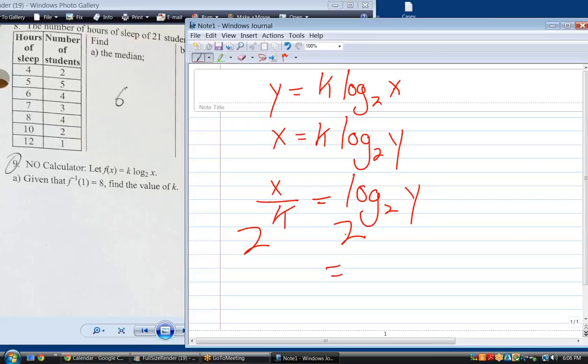When I take 2 to the log base 2 of y, I get y. And on the left side, I get this. And that's what you wanted to do in the first place. Oh, so it works either way. It works exactly the same way.